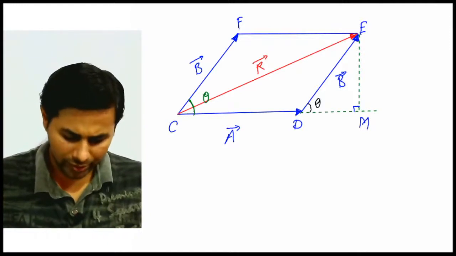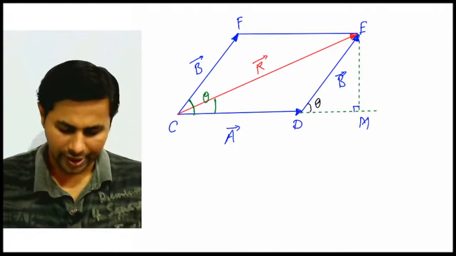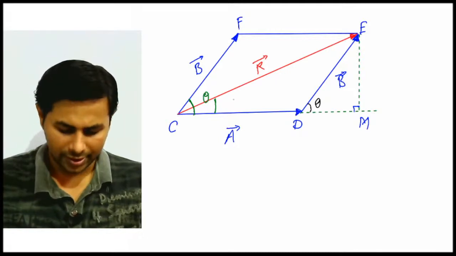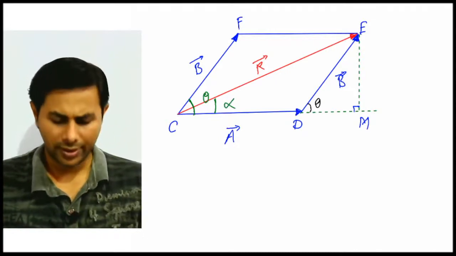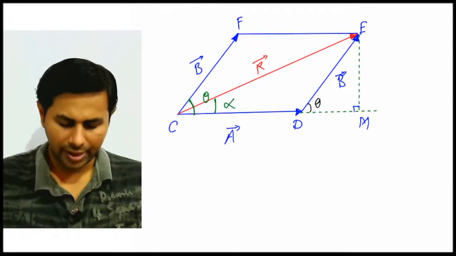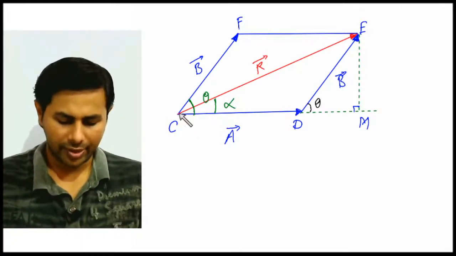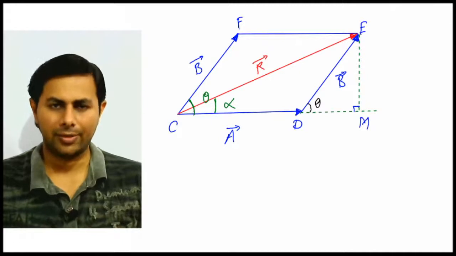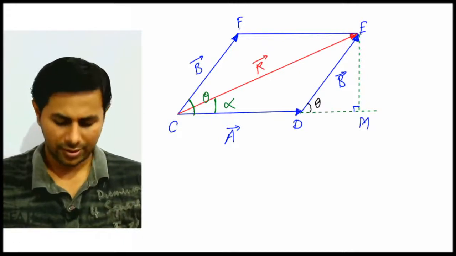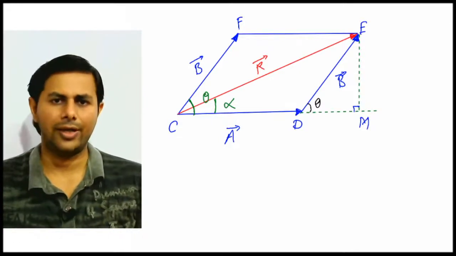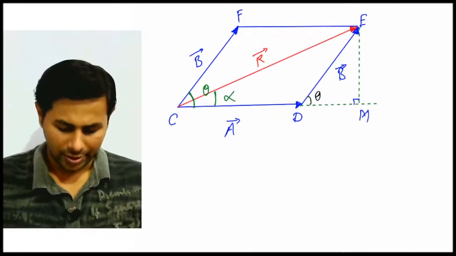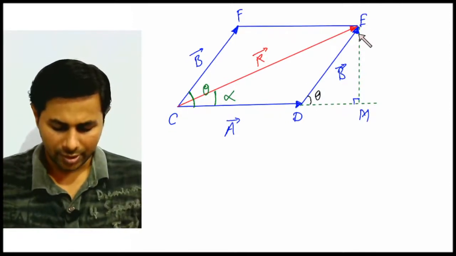So let's suppose the angle between a bar and r bar is alpha. If we are able to find this alpha given a bar, b bar and the angle between a bar and b bar, then we have found the direction of r bar. So let's find alpha.